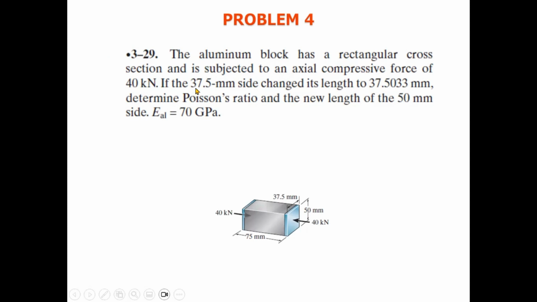This side is 37.5 millimeters. If the change will be to 37.503, there is a slight strain. Determine Poisson's ratio and the new length of the 50 millimeter side.